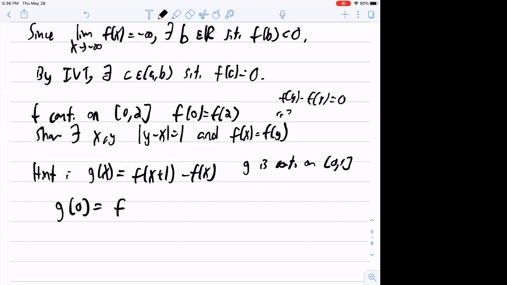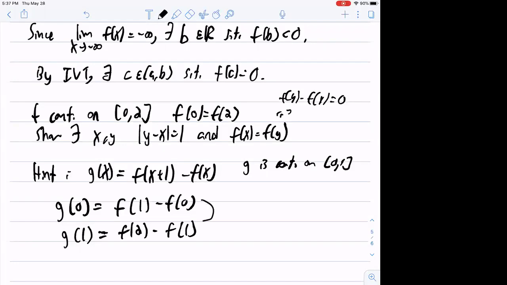So g of 0 is f of 1 minus f of 0. G of 1, right? I can't plug in 2 because it's a function on [0, 1]. So the best thing you could do is try the endpoints. It is f of 2 minus f of 1. Now what can anyone tell me? I don't know what the signs are, but what do I know about these two? One is positive and the other is negative, right?